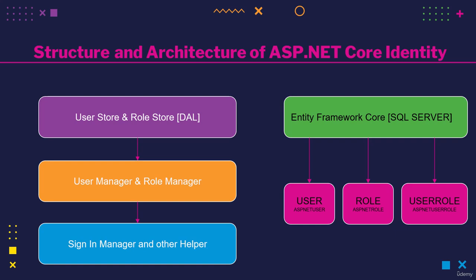The final layer is what I'm going to call an extension. This is basically a library of methods which have abstracted away the logic with managers or adds out-of-the-box integration with external libraries. An example of that will be Sign-in Manager. As the name indicates, it is used to sign in the user and related functionality.